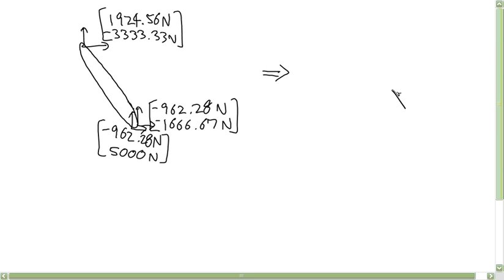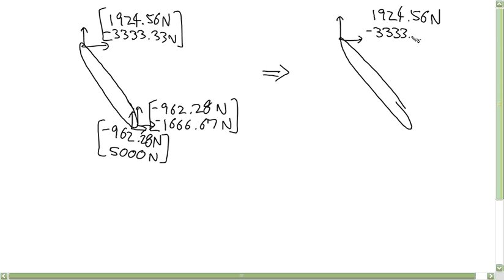Okay. So you could rewrite that as 1924.56, negative 3333. And then this force is just negative, what's that, 1924.56, positive 3333.